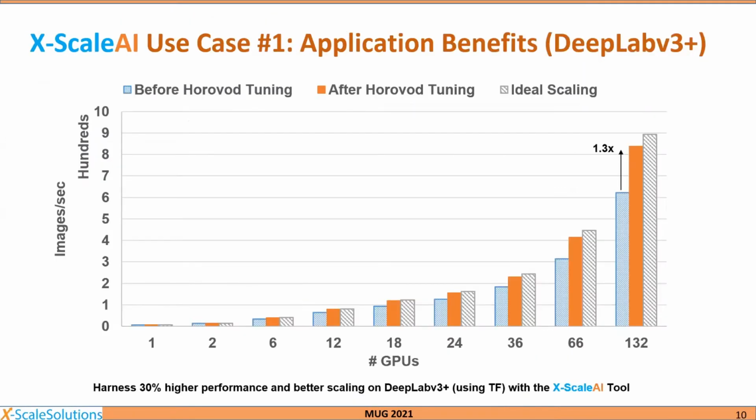The next two slides will show two example use cases that use this tool to help end users improve the performance of their applications. One of these is DeepLab, which we run in TensorFlow. This is the end result after using the tools.